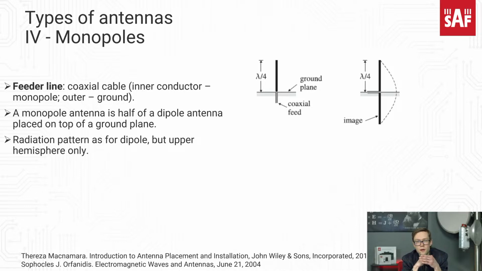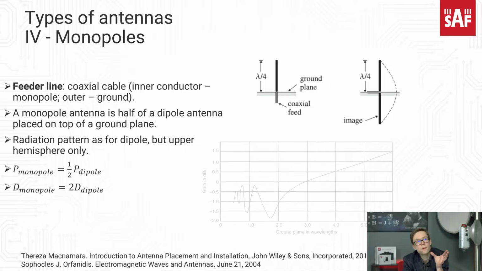In the same manner, one part of the radiation pattern is cut, eliminated, so we are left with only the upper hemisphere part, if it is directed upwards. Consequently, the radiated power of the monopole antenna is 2 times smaller than for the dipole antenna, but the directivity is 2 times larger.